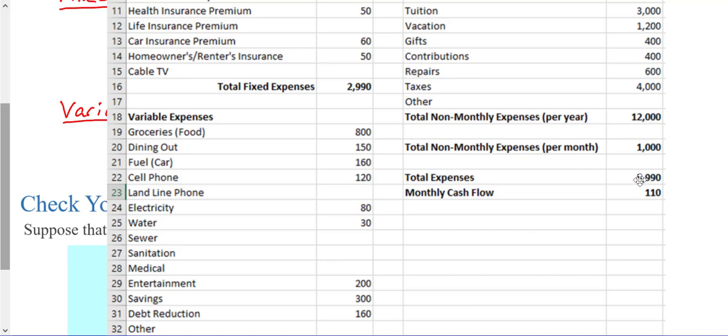Total expenses would be fixed, variable, and this per month amount added together. And to figure out the monthly cash flow, you take your income minus your total expenses. And in this case, it's a positive $110. So that means they have more money coming in than they have going out.